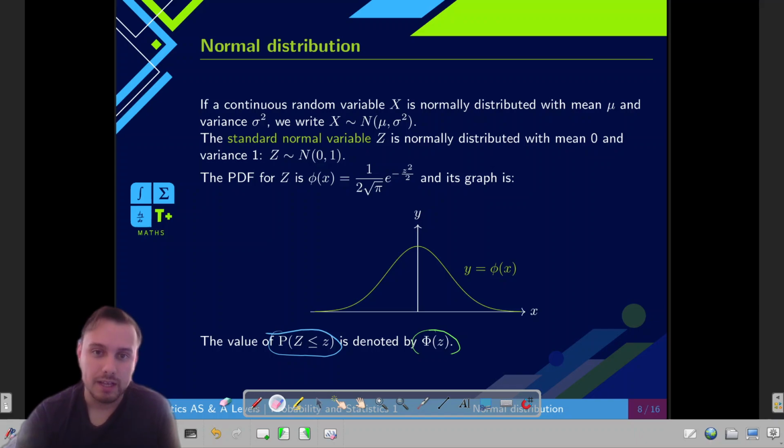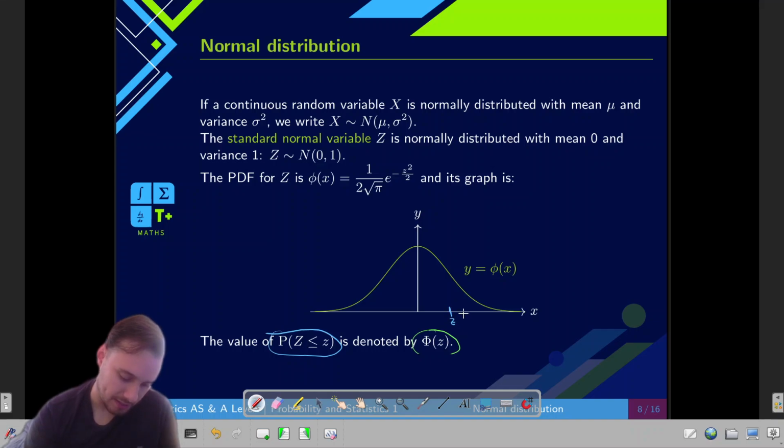This value is the area. Imagine that z is around here. This value, the probability that Z is less than z, is going to be equal to all of this area that we have here.